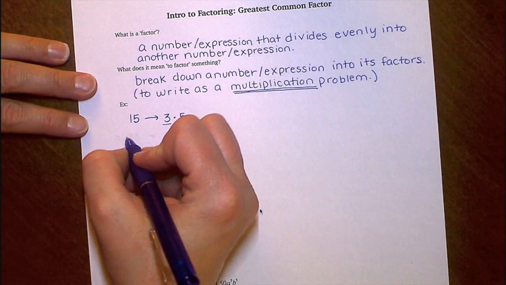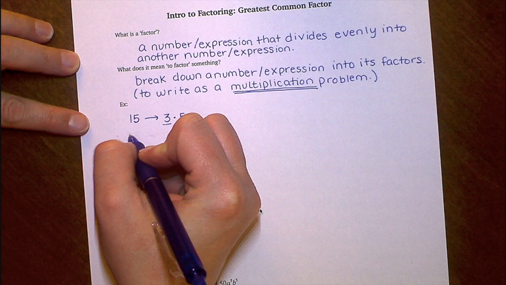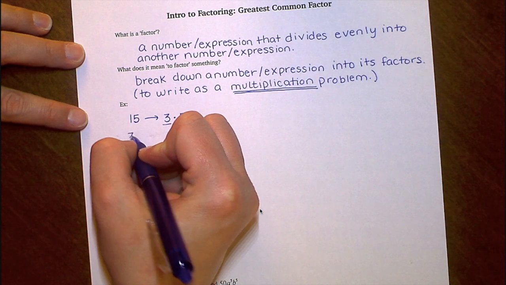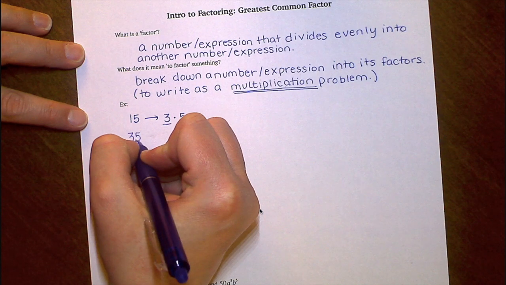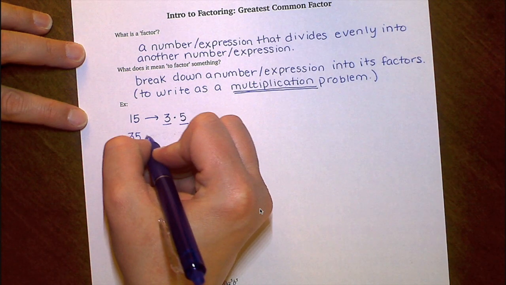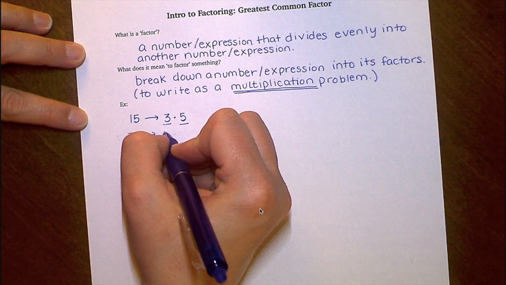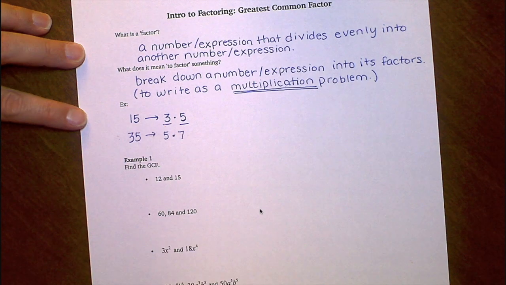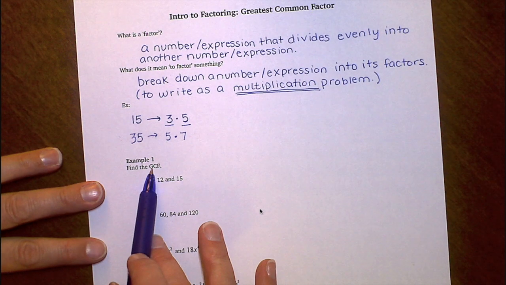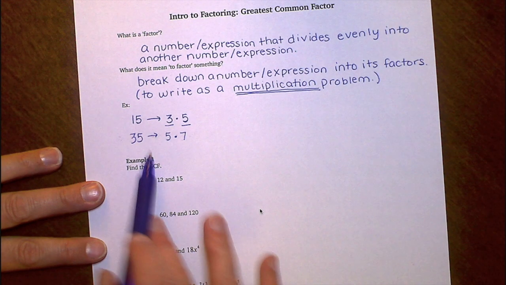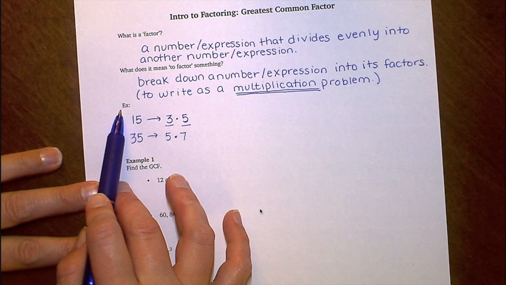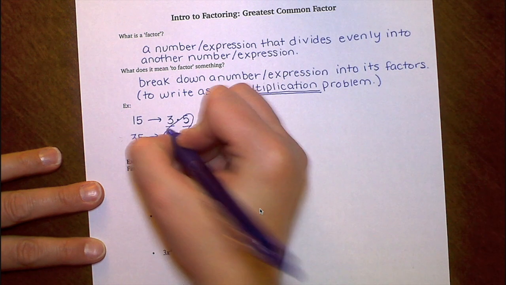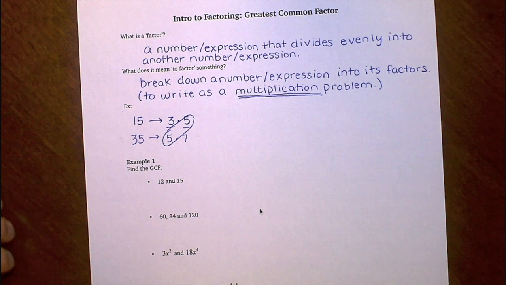So let's say I look at, I don't know, we'll just go with 35. If I do the factors of 35, that could be written as 5 times 7. And then I'm looking for the greatest or the largest one that these two numbers have in common. Now in this one, they happen to only have one in common. It's 5. So I would say the GCF of these two numbers is 5.